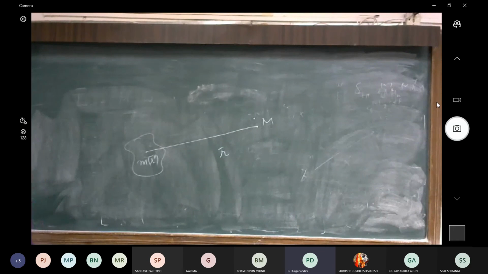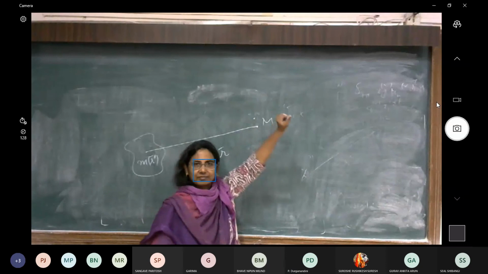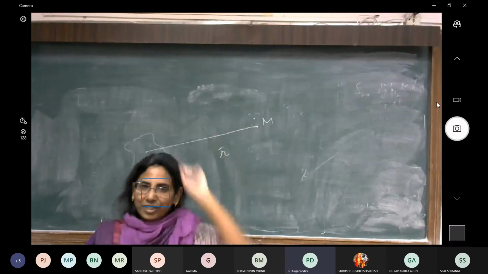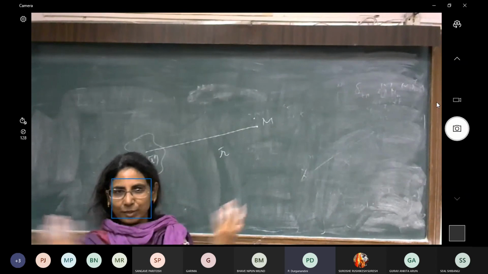Now, let's consider this to be our Earth, and this is the Sun. We know that our Earth is not fully spherically symmetric; there are bulges at the equator.